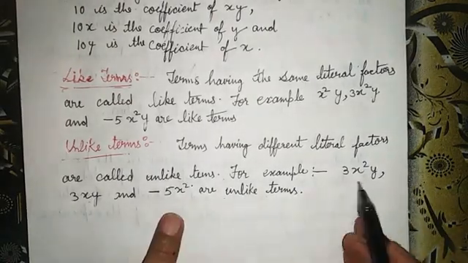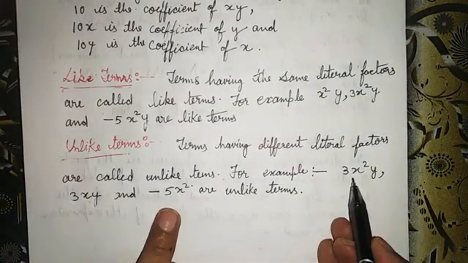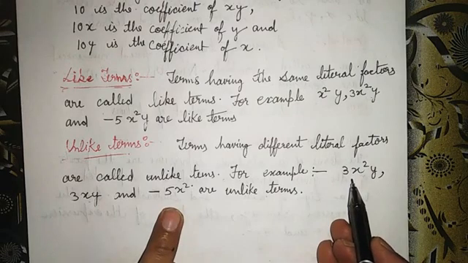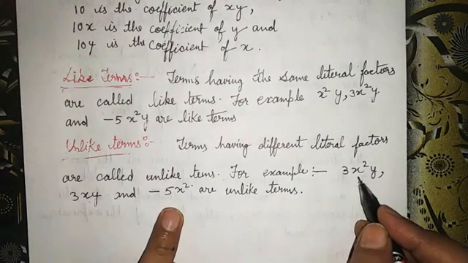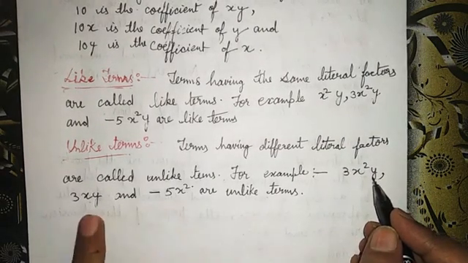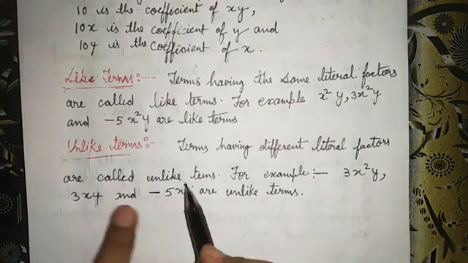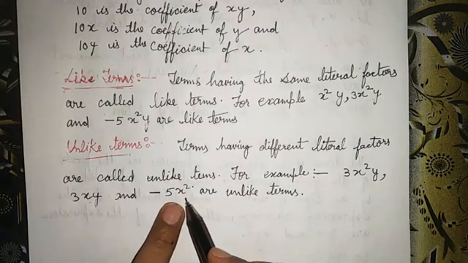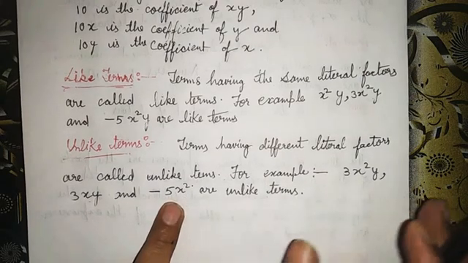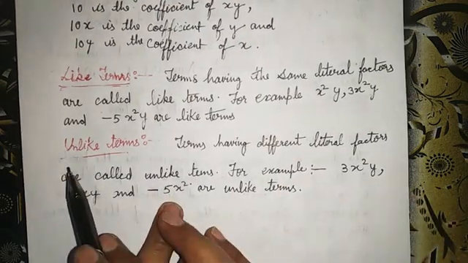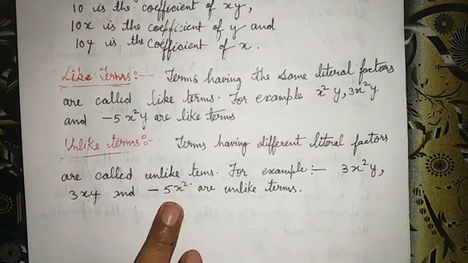Why are they unlike? Because their literal factors are not same. Its literal factor is x square y, its literal factor is xy, and its literal factor is x square. Now I think it is clear what are unlike terms.